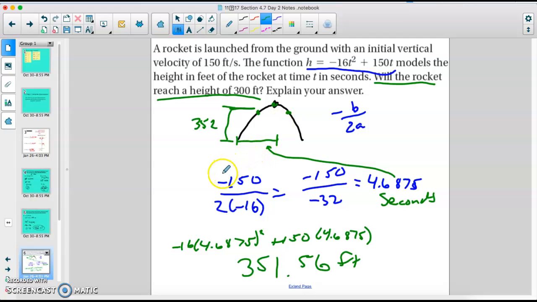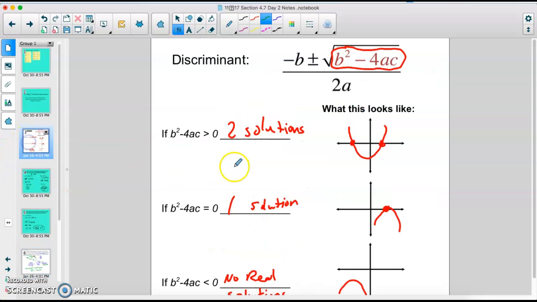And if we go back to what we did with the discriminant, our number 3,300 was bigger than 0, and so when it's bigger than 0, it has two solutions, and so our rocket, on a graph, crossed that 300 threshold twice.